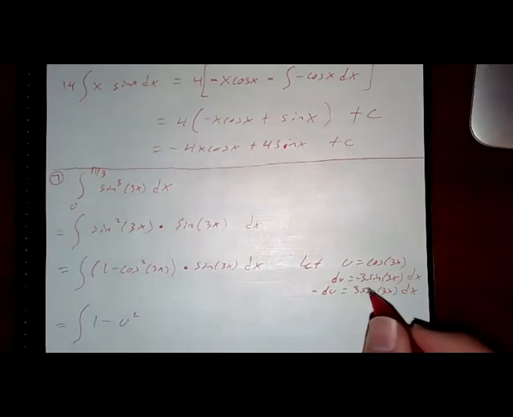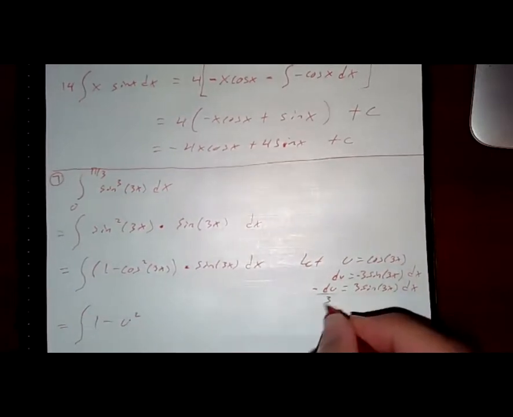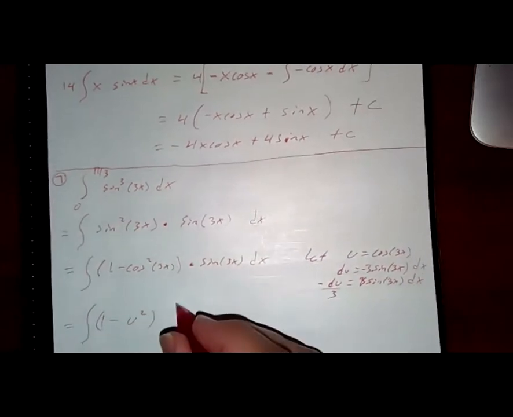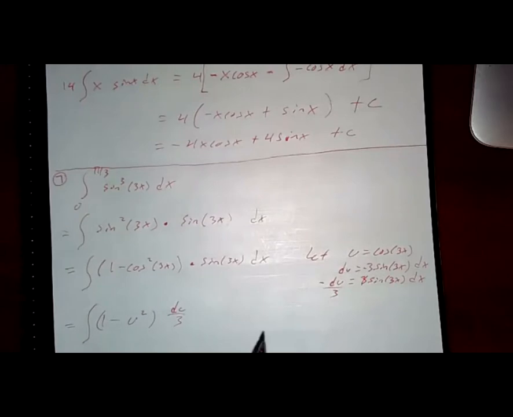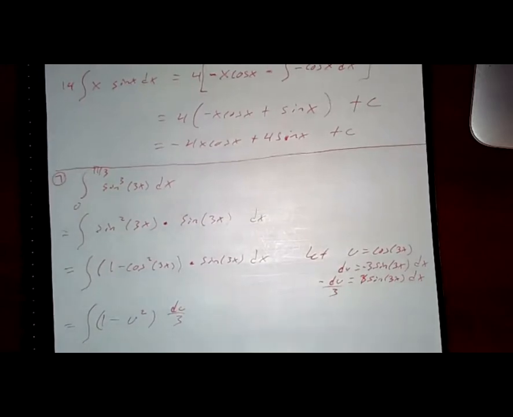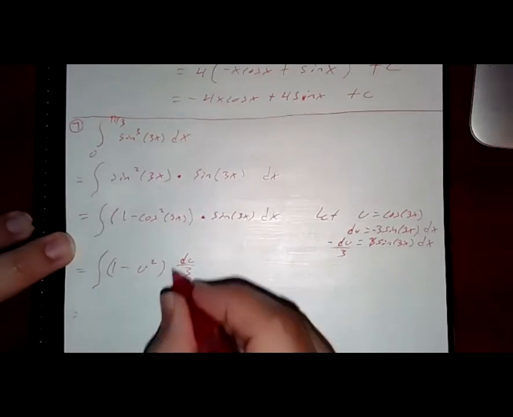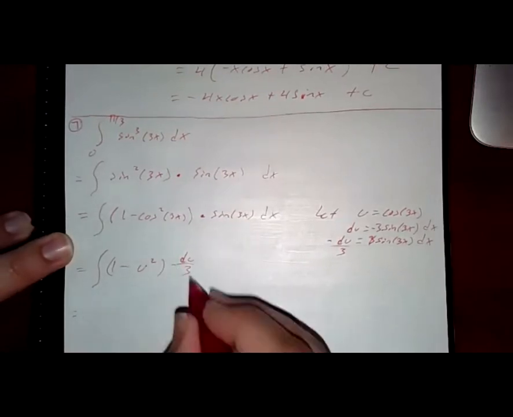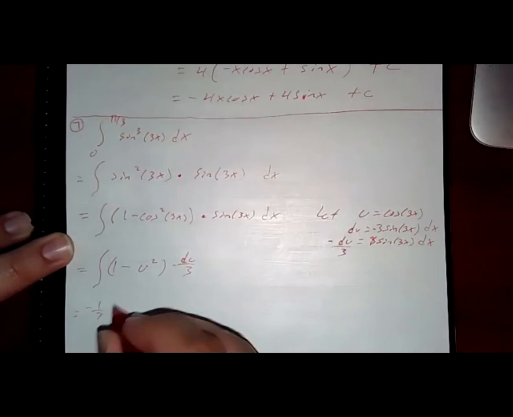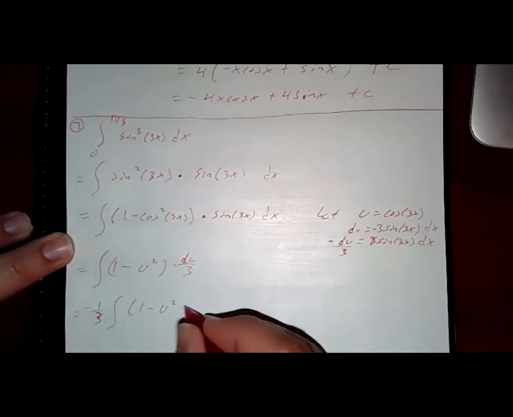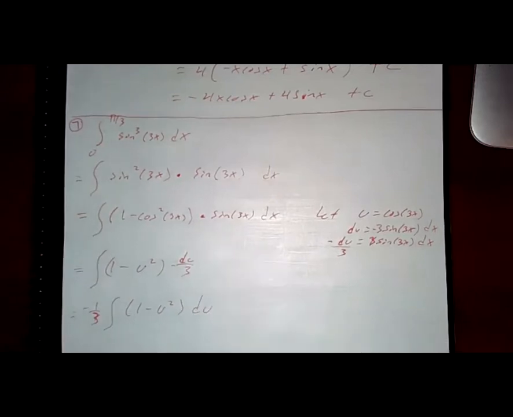There's no 3 either, so I've got to divide by 3, times du over 3. Okay, pull out the negative 1/3. So now I have 1 minus u squared du.